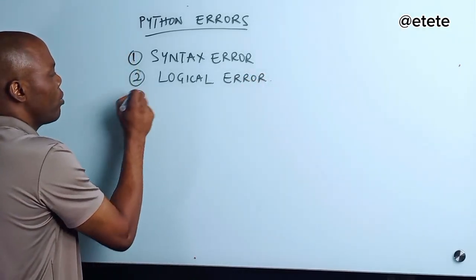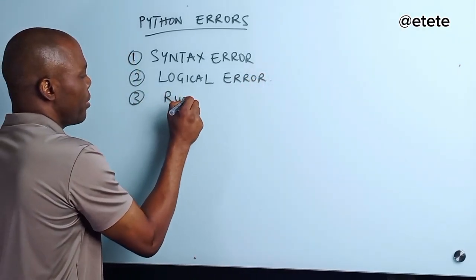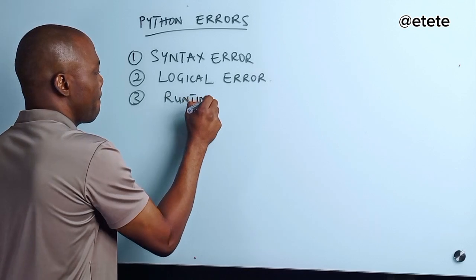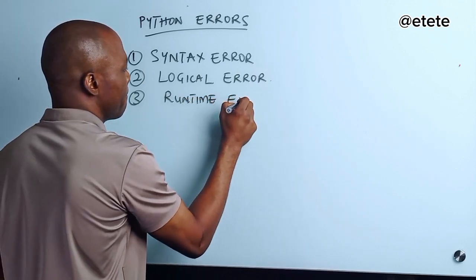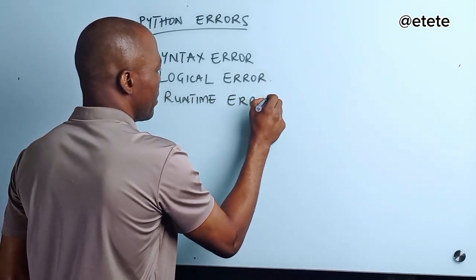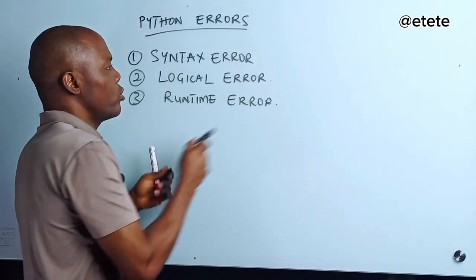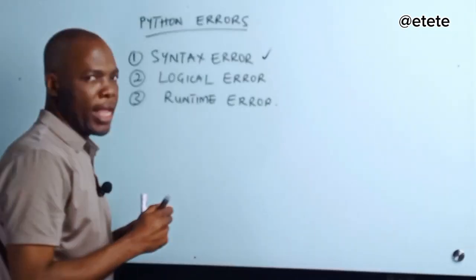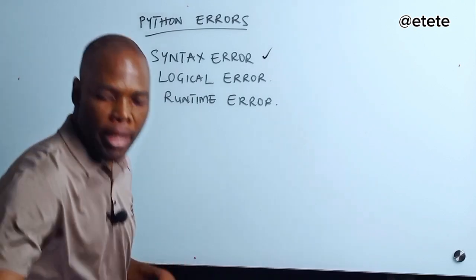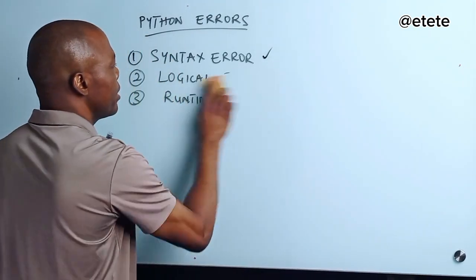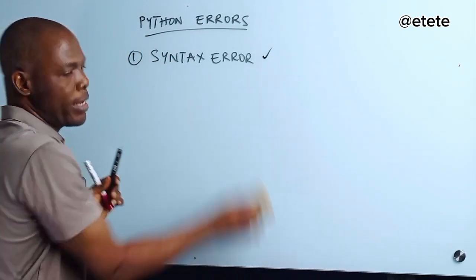And the third one is runtime error. But in this class today, all we are going to deal with is syntax error. So without wasting much time, let me show you this part.